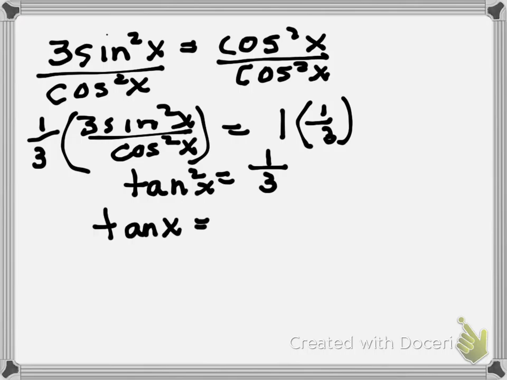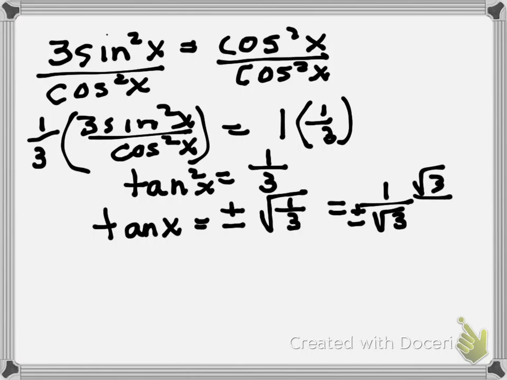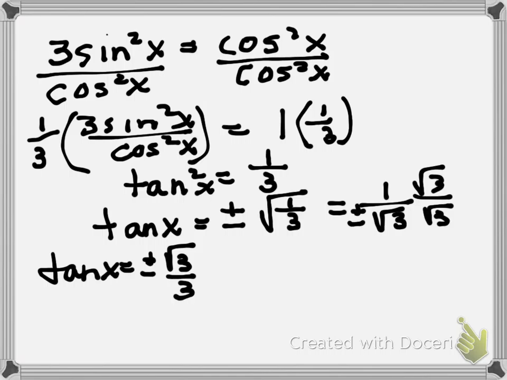So the tangent is equal to positive and negative square root of 1/3, which when we simplify that, we have the square root of 1, which is 1, over the square root of 3, that when I rationalize, I get the tangent of x is equal to positive and negative square root of 3 over 3.